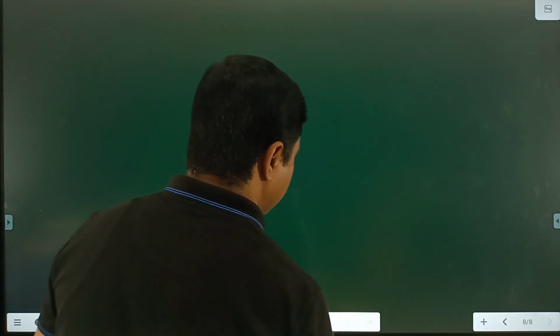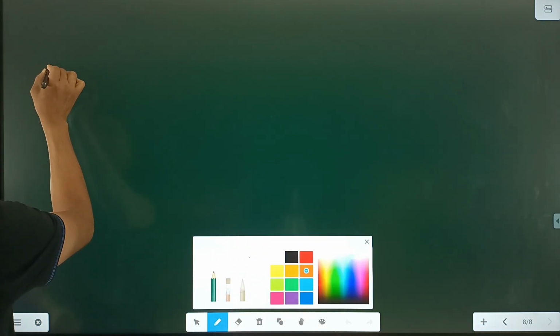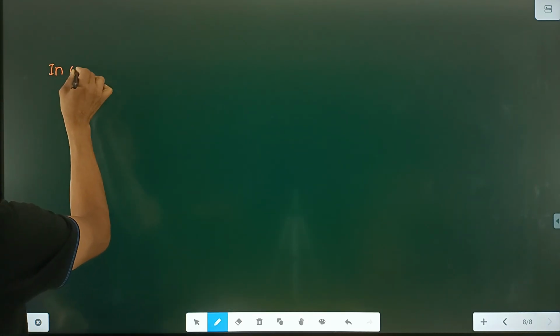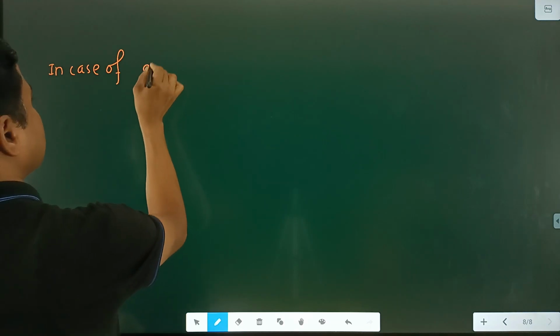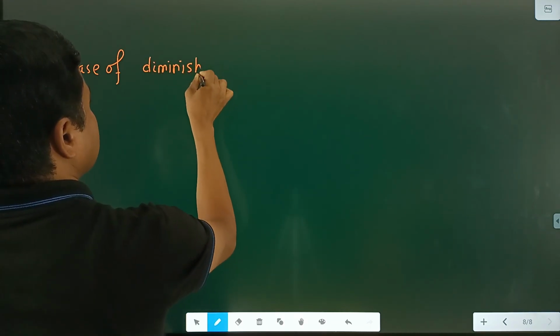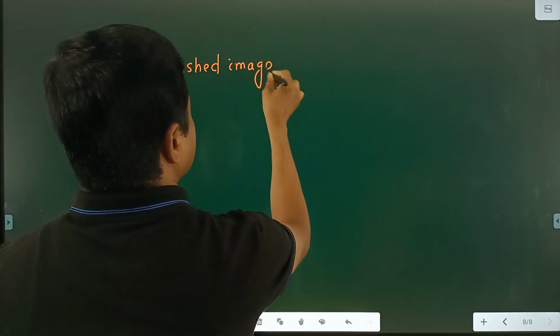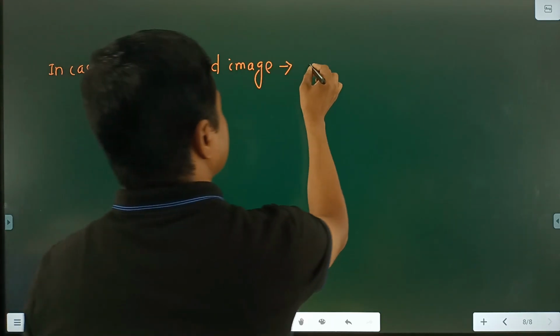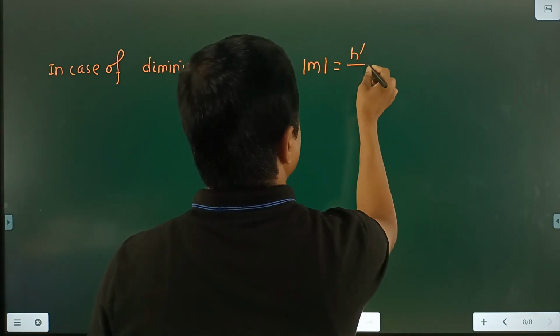Clear? So simply we write, in case of diminished image, magnitude of the magnification is equal to h prime divided by h.